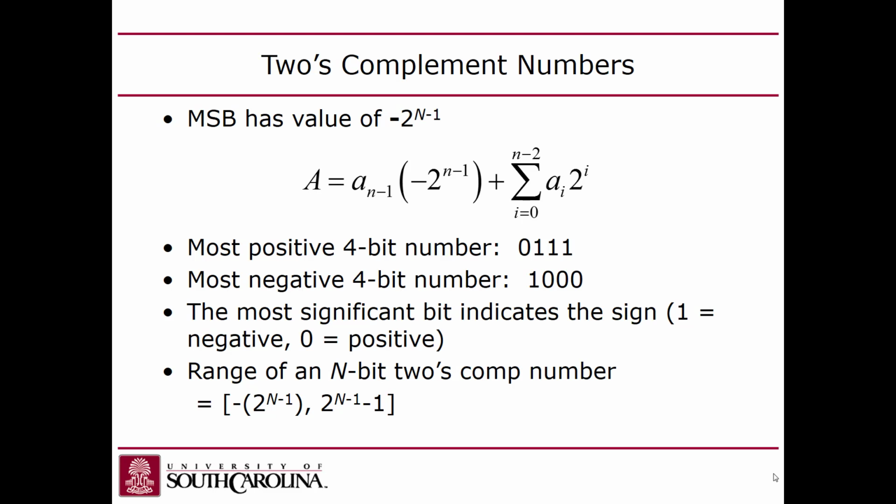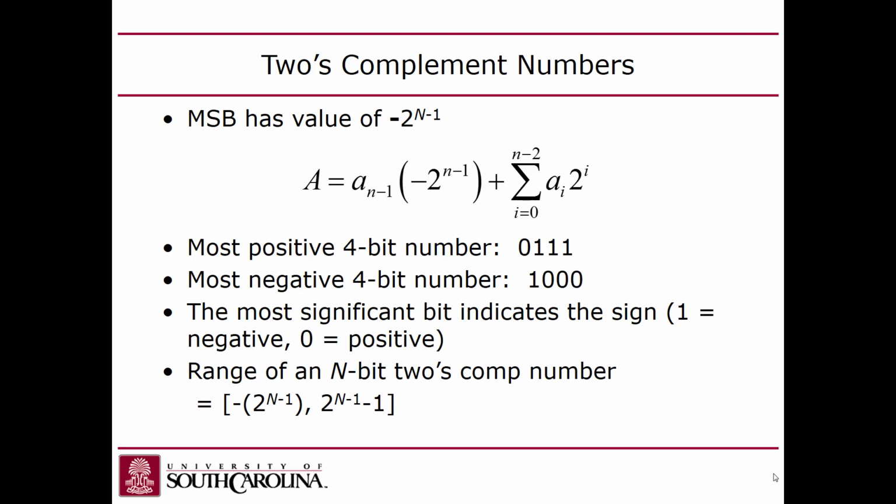If it's 2's complement, the range shifts downward by 2 to the n minus 1, where the minus 1 now is applied to the exponent. So this is the part that's a little confusing, because in this case you've got minus 1 being applied to the 2 to the n.